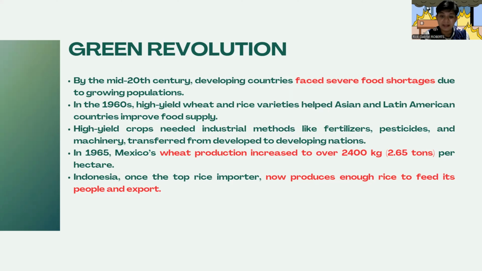And they even have extra rice to sell to other countries. So from importers to exporters. Wow. Now this period of increased food production is known as the Green Revolution because it helped many developing countries overcome hunger and improve their agricultural production.